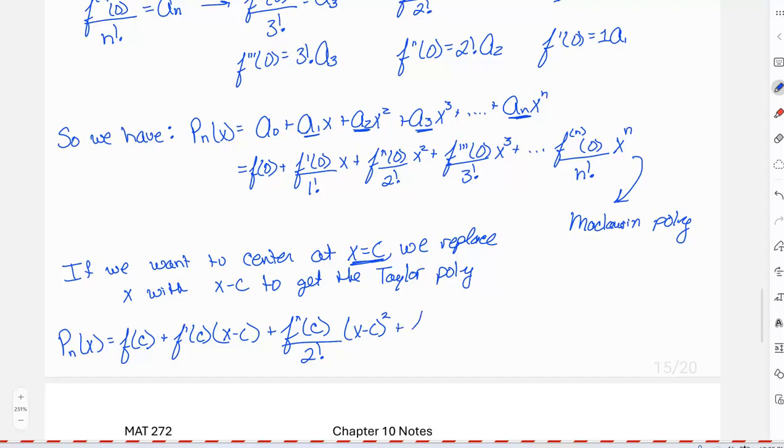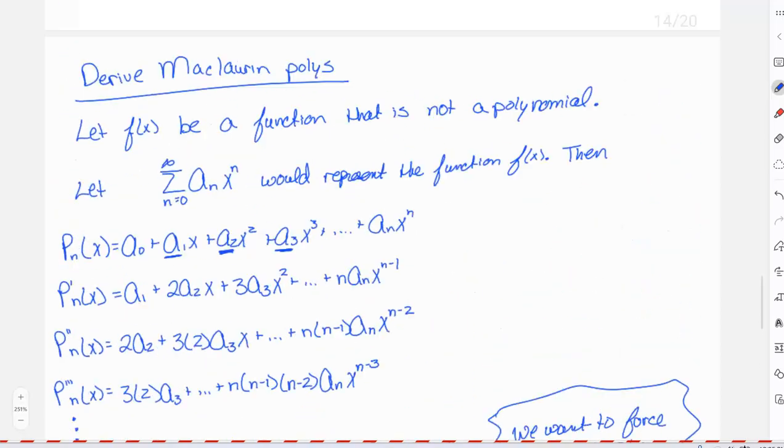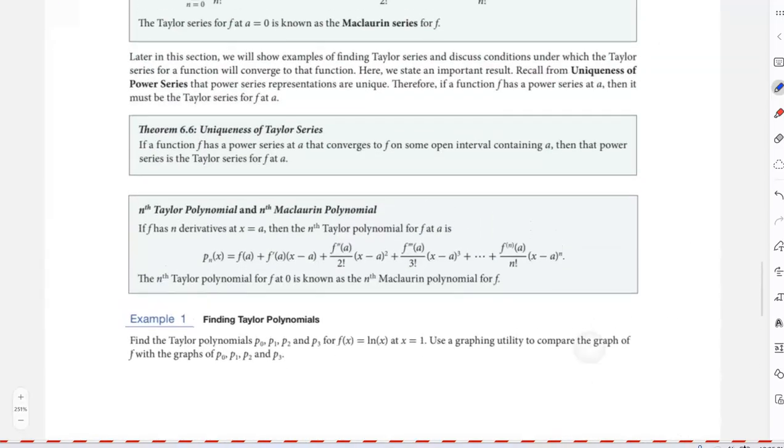And then f triple prime of c over 3 factorial times x minus c cubed. I'm just going to keep doing that to the nth derivative, replacing that 0 with c. This is going to be x minus c to the nth. So that's where these guys are coming from.